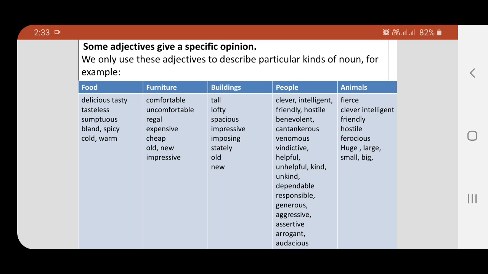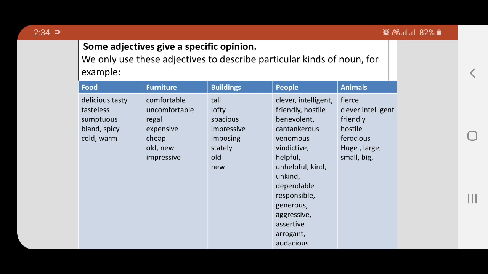We have adjectives to describe an animal. They give you a specific opinion. Fierce, clever, intelligent. So we have so many pet animals also. Sometimes we used to describe them. The dog is very intelligent.